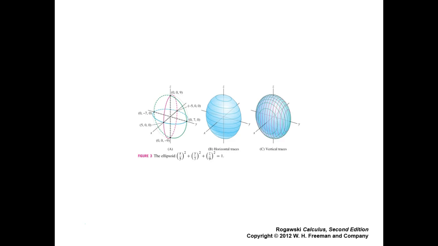The blue circle is in the XY plane, the red circle in the XZ plane, and the green circle in the YZ plane. Okay? And then, parallel to the blue circle, those are your traces for constant z's, positive or negative z's, going up or down.